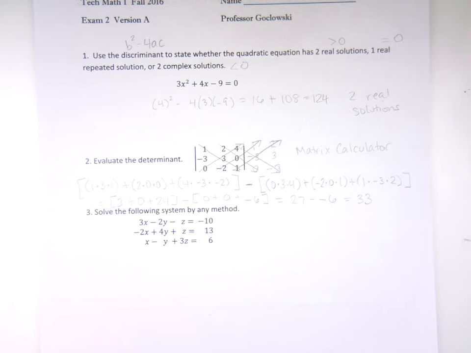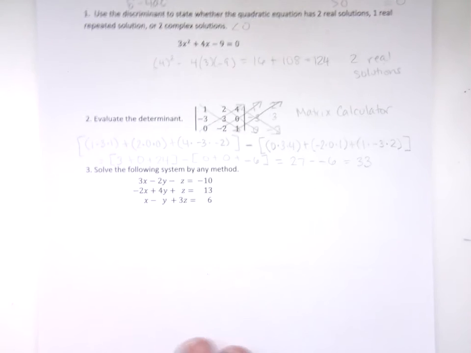You can make up anything you want as a matrix, a 3 by 3 matrix. Put at least a 0 and a 1 in there and make it easy for yourself, and do some practice.